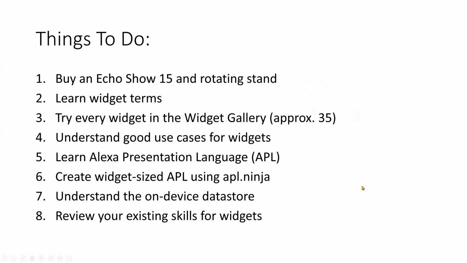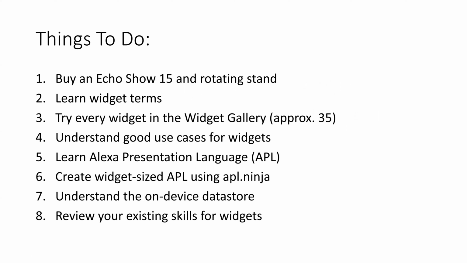So let's go through these 8 things really quick, and then we'll handle them one by one. First, I encourage you to buy an Echo Show 15 and a rotating stand. There are some certain widget terms that you need to learn just so you understand what's going on. Get the device and try every widget that's in the widget gallery.